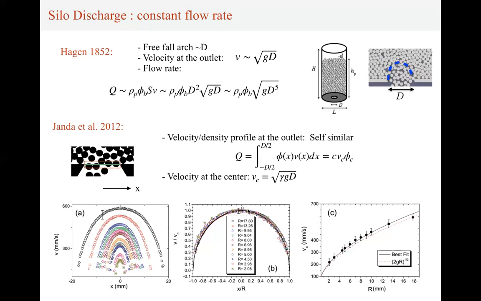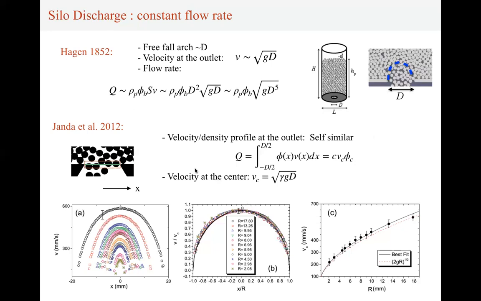And that's really nice, because if the flow is self-similar, then when you calculate the flow rate, everything is given simply by what happens at the center. So if you get the velocity of the grains at the center and the density at the center, you can have the flow rate because it is self-similar.